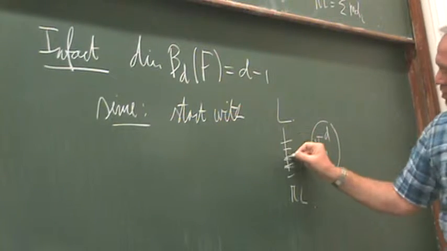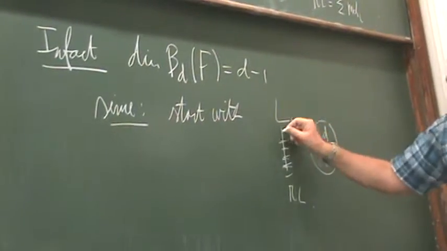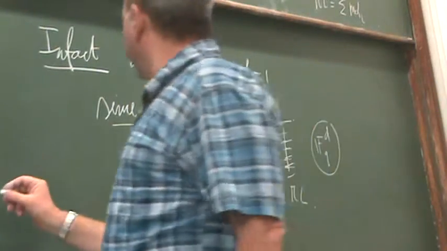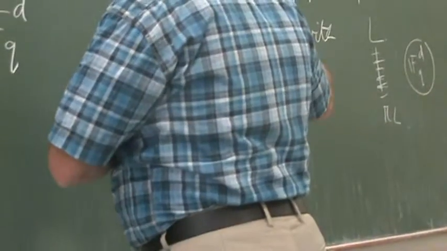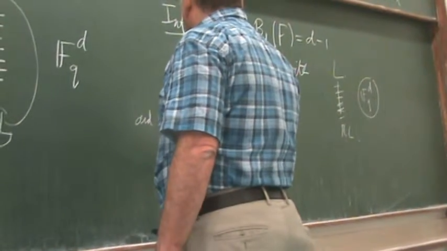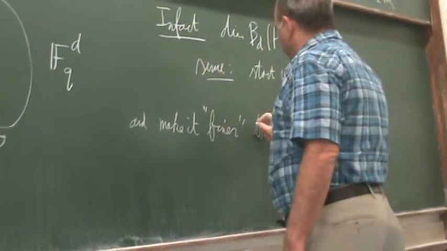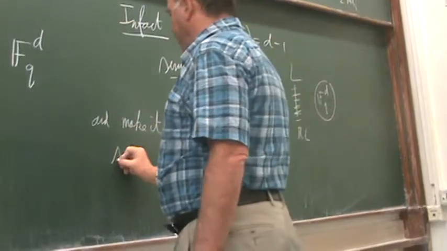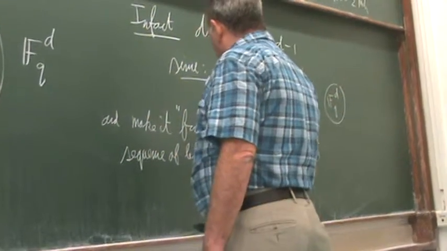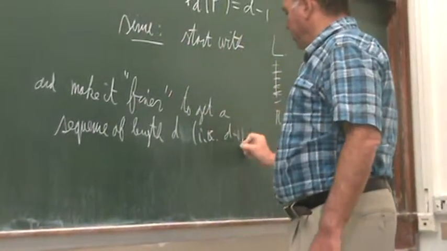So what happened is that every sequence here can be pulled up, and then I would say start with such a sequence and make it final to get a sequence of length d, i.e. dimension d minus 1.